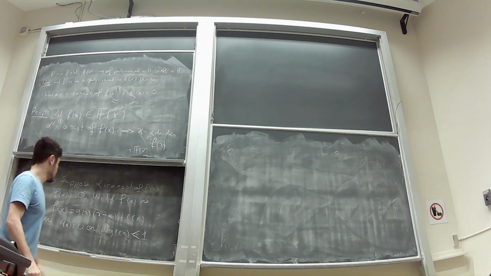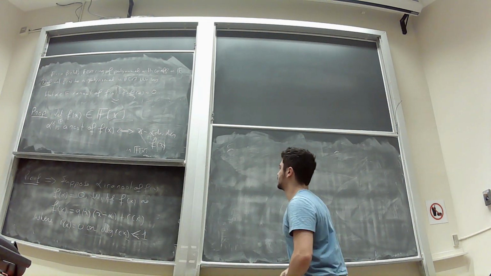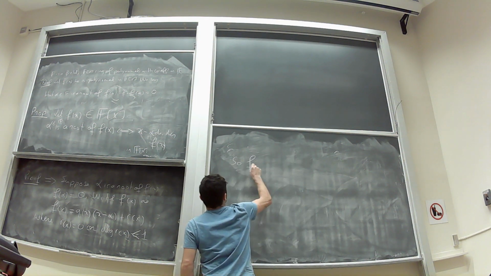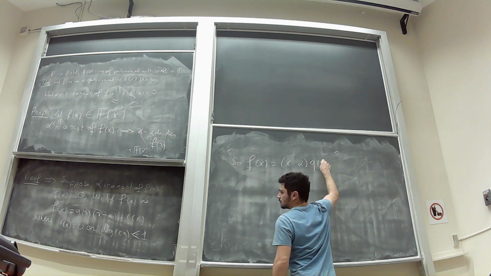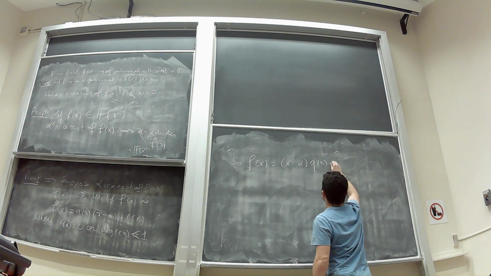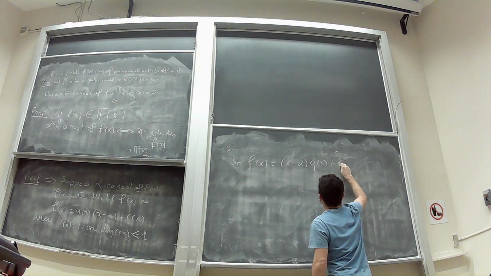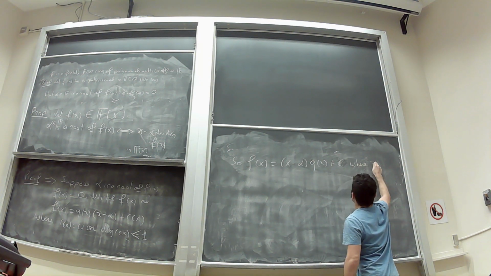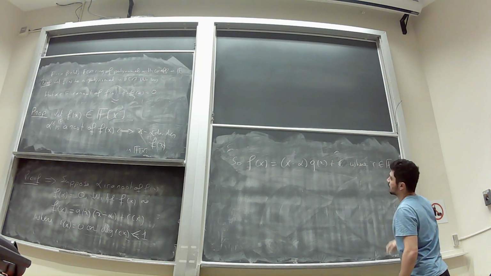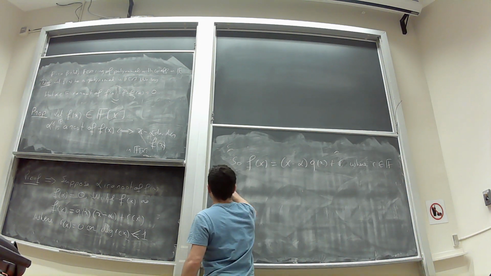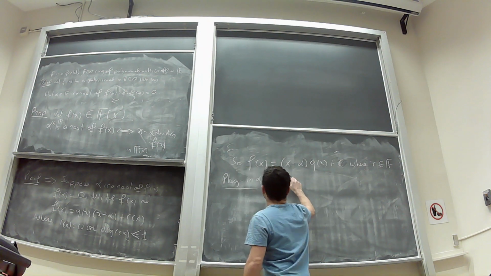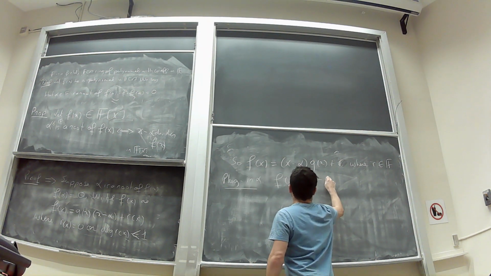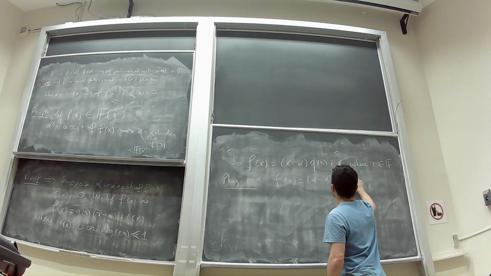So if r of x is 0 or r of x is a non-zero constant, basically f of x is equal to x minus alpha times q of x plus r, where r is in F. This is the Euclidean division. Now plug in alpha on both sides. f of alpha is equal to alpha minus alpha times q of alpha plus r.